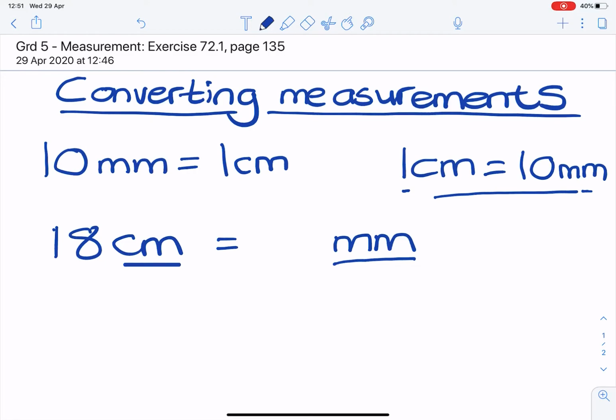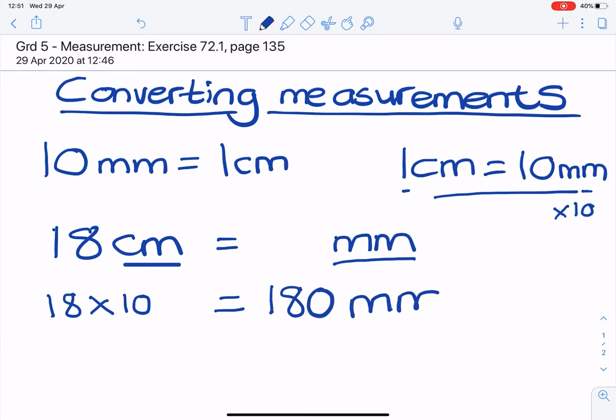To change a 1 to a 10, we times by 10. So if we take our 18 and we times it by 10, we will get, remember, cover your 0, 18 times 1 is 18, and put your 0 back, we get 180. So 18 centimeters is the same as 180 millimeters.